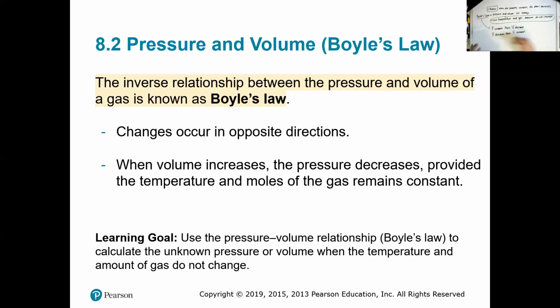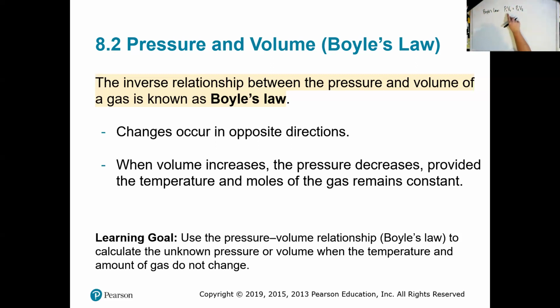The equation for Boyle's law, I'll write it out here for us since we're going to do a practice problem in a second, is written like this. P1 times V1 equals P2 times V2.